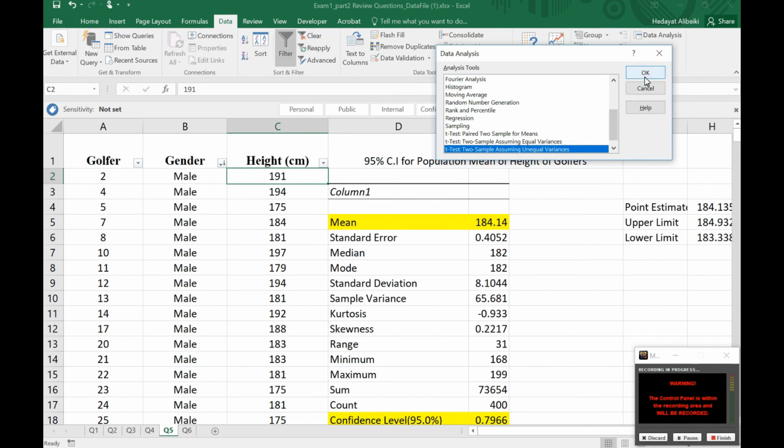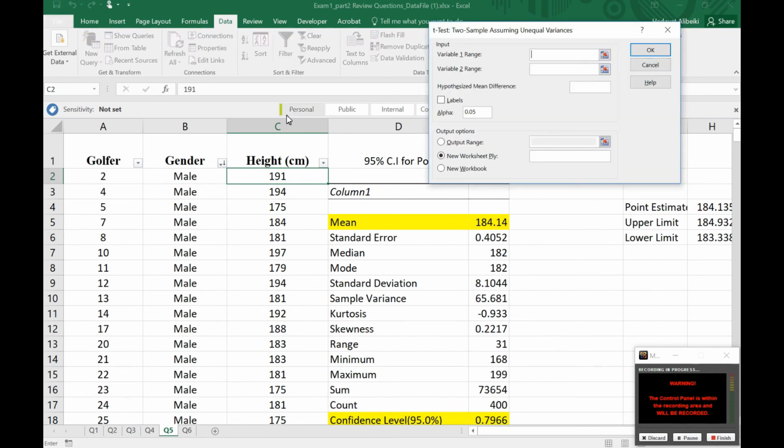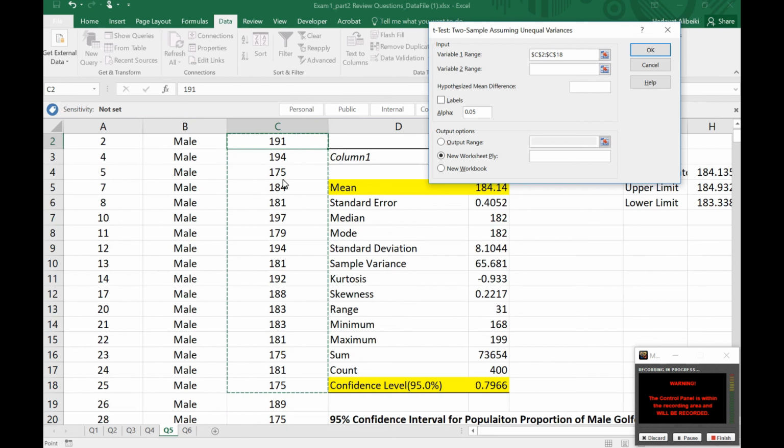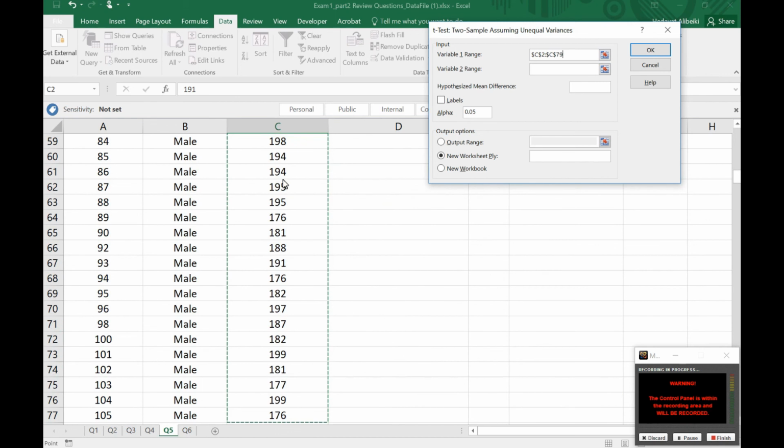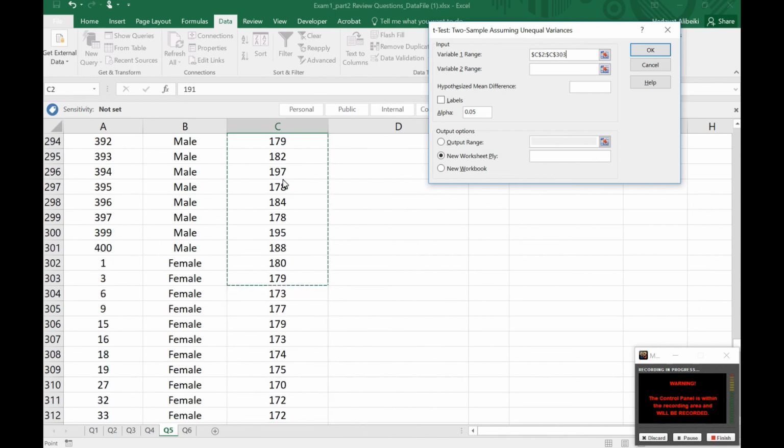Okay. So variable 1 range, the height of male people, I just go down and make sure that I take all the males in my sample. 300 male and then 100 female.